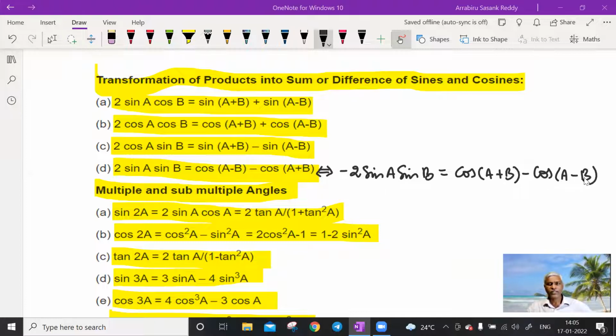If you subtract cos A minus B from cos A plus B, just like above, you will get a negative sign: minus 2 sin A sin B will remain.